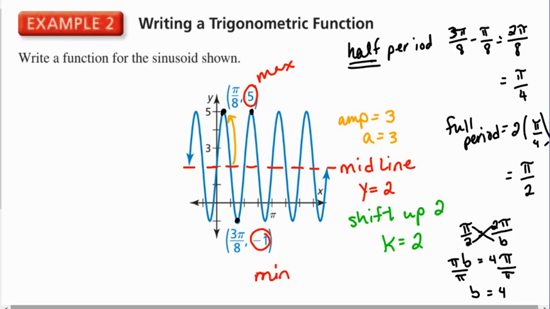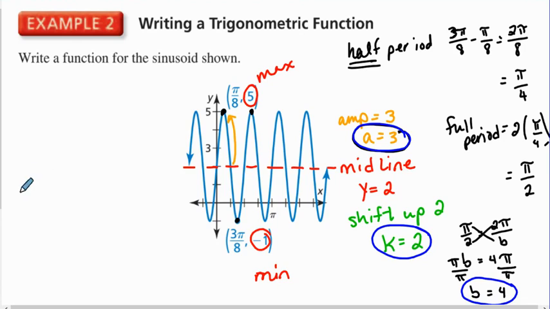Okay, so I'm going to put all of these things together. We've got our amplitude of 3. We've got our shifting up, a vertical shift of 2, and we've got b is 4 in order to change our period length.